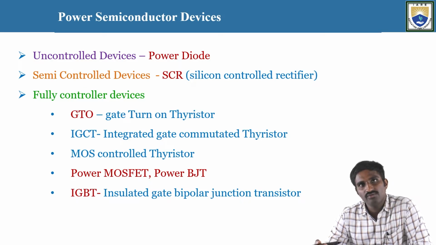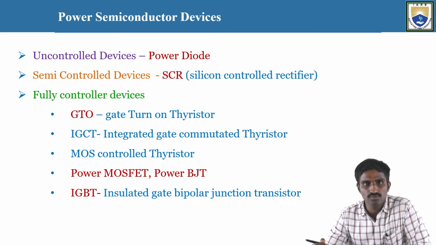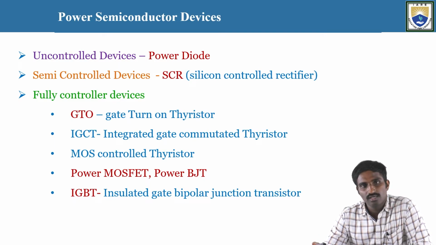And when coming to the semi-controlled devices, they are mainly the SCR, which we can also call a thyristor. The SCR is nothing but a silicon controlled rectifier. Semi-controlled means to some extent we can control it.